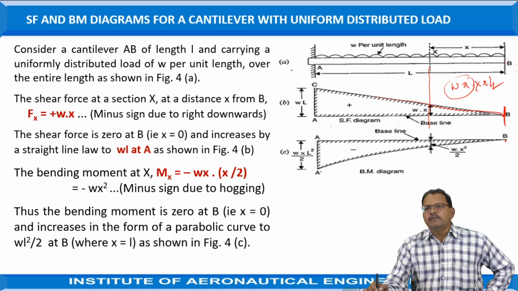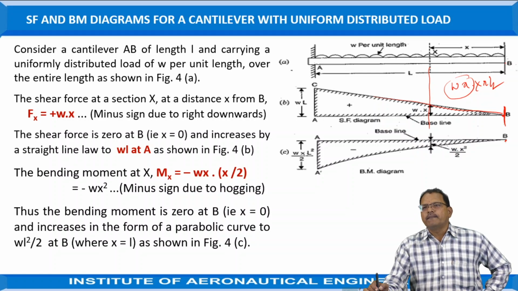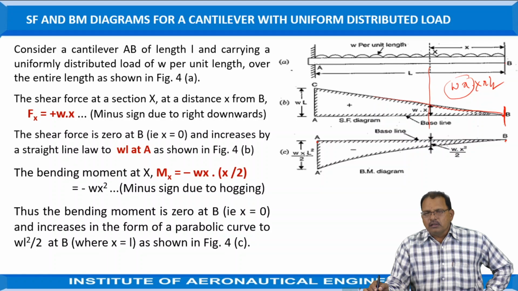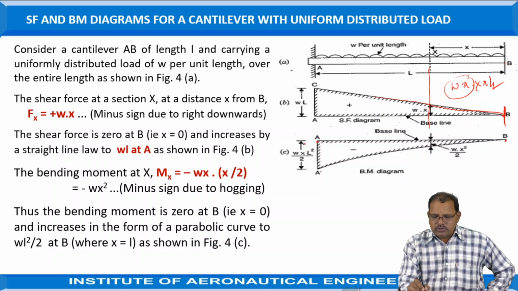Since the value depends upon the square of the distance between points B and X, this curve is known as a parabolic curve. Similarly, the bending moment at point A, the other end of the beam, is W into L by 2, or WL square by 2.